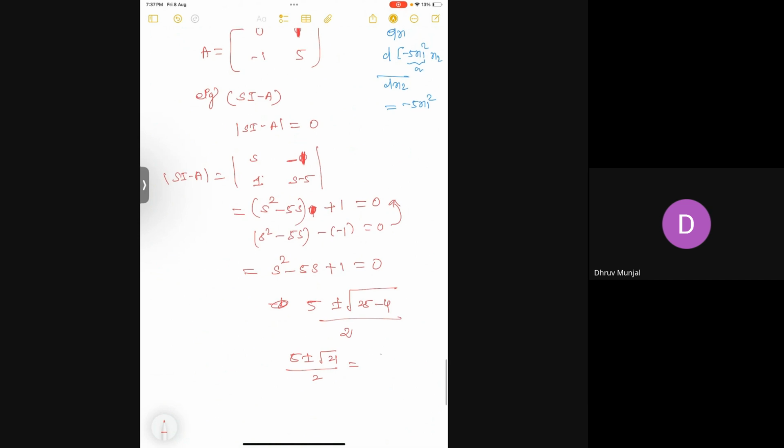So I'm just keeping it like this. 5 plus or minus root 21 by 2 are the poles of the linearized system. Just find sI minus A and find its determinant. It will give you the poles of the linearized system. Right, that's it.